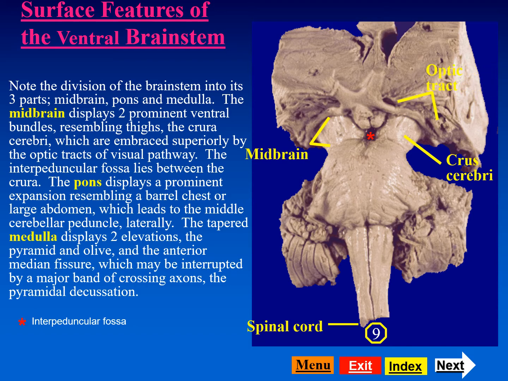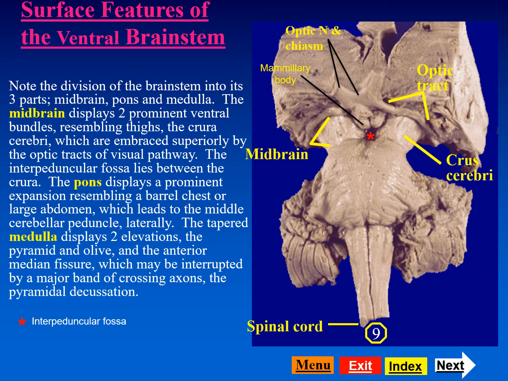They are the optic tracts, which are here seen as embracing the crus cerebri, and two other components of the visual pathway are the optic nerve and optic chiasm. The chiasm is the point where the two optic nerves come together.